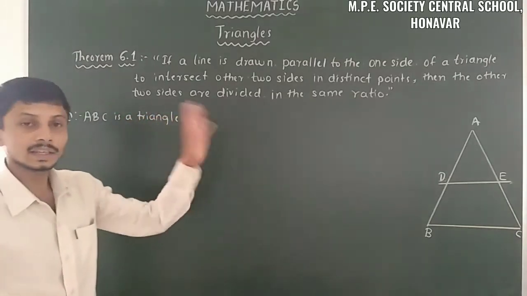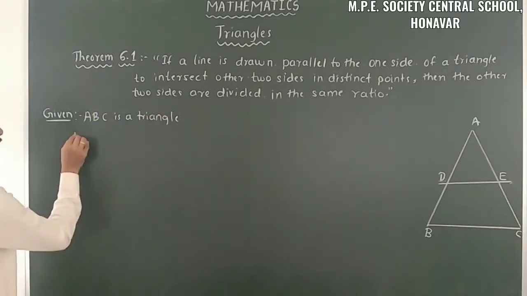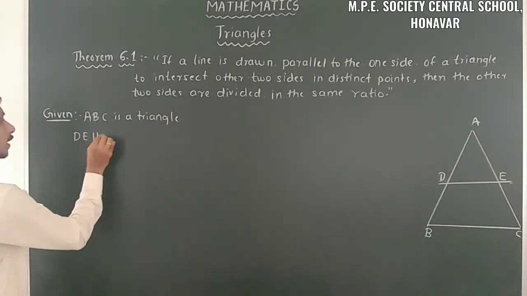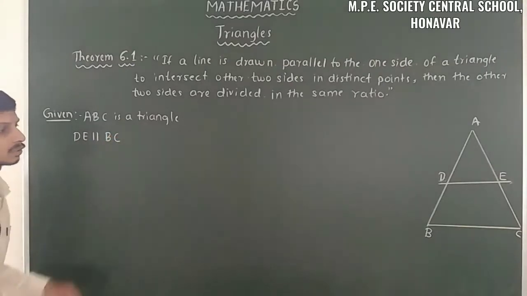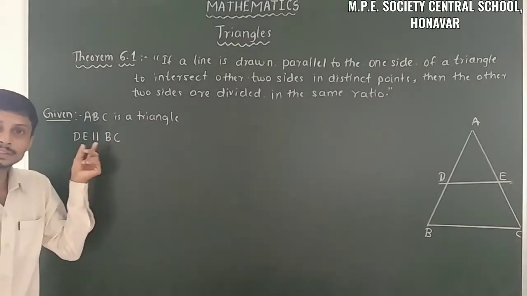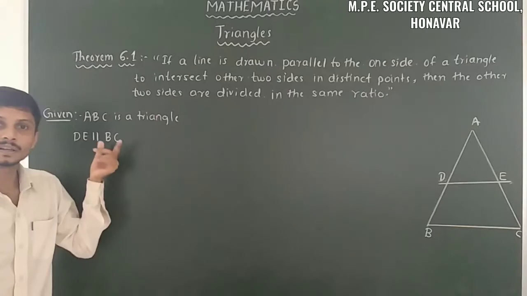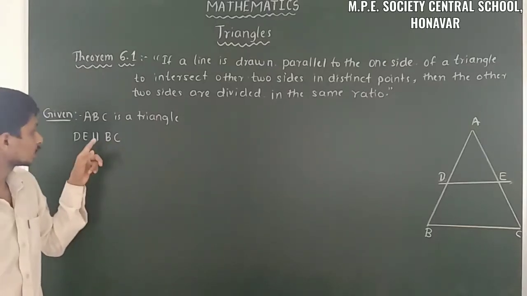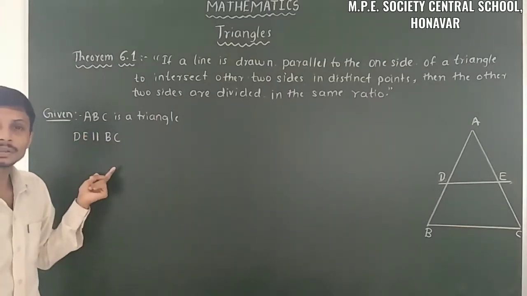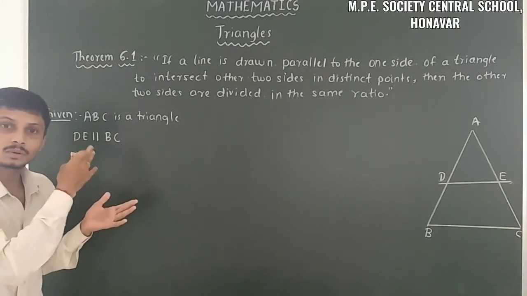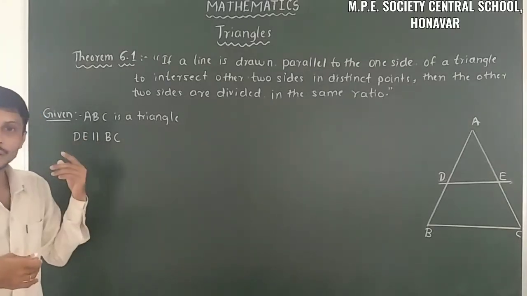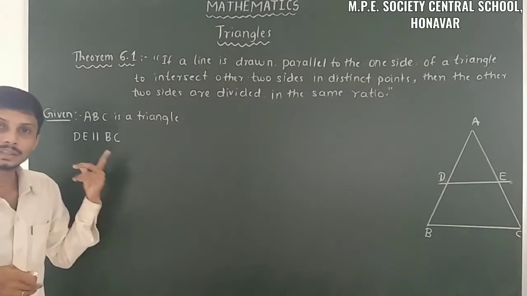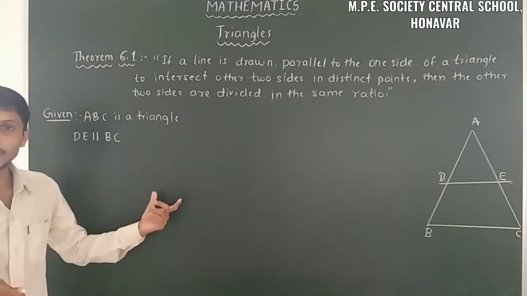Then DE is parallel to BC. DE is parallel to BC. Here we are using this symbol for representing parallel lines. Here just observe those two parallel lines drawn vertically. So we have to write it in each parallel condition.